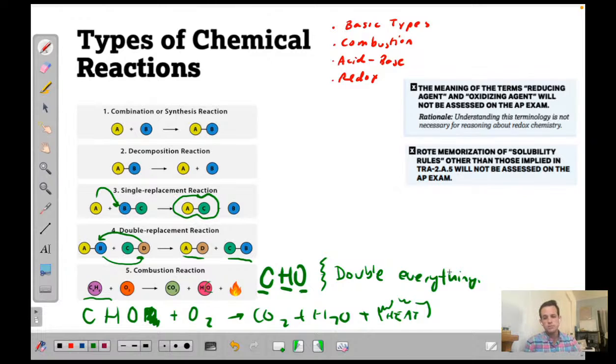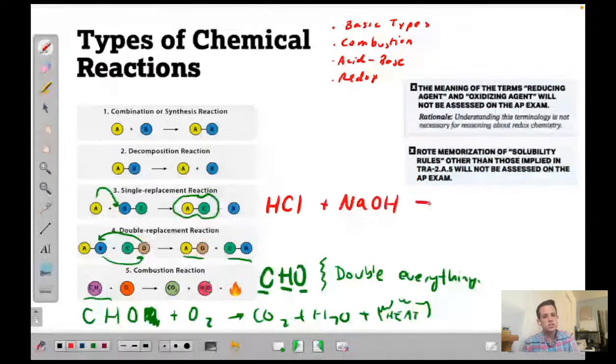Okay, so those are the types of chemical reactions you should know a little bit more. Acid and base, there are different definitions of acid and base, so use that term loosely. Usually an acid-base reaction is going to have something that can donate hydrogen and something that can receive hydrogen, though not always.